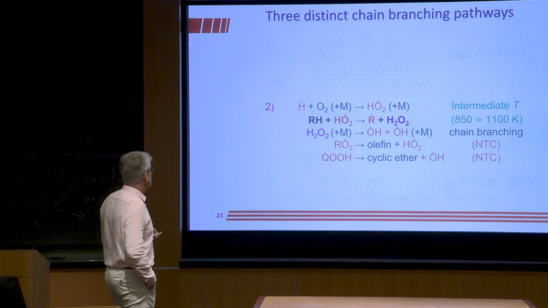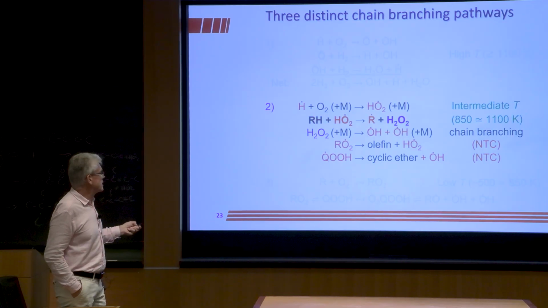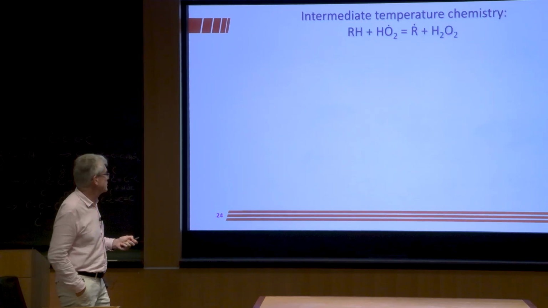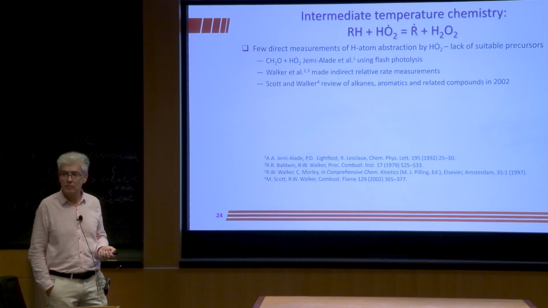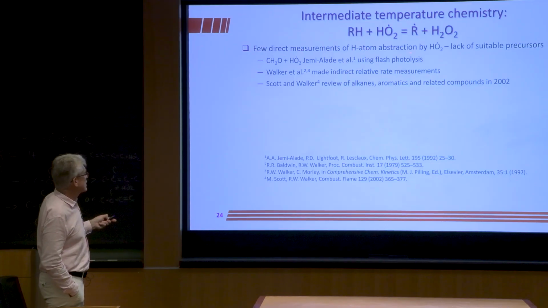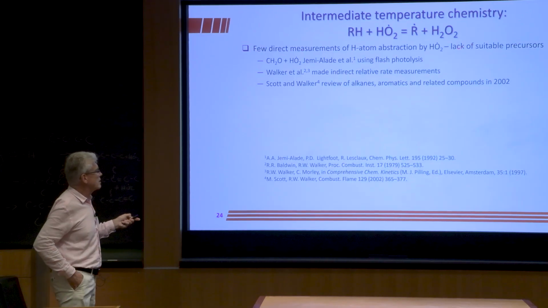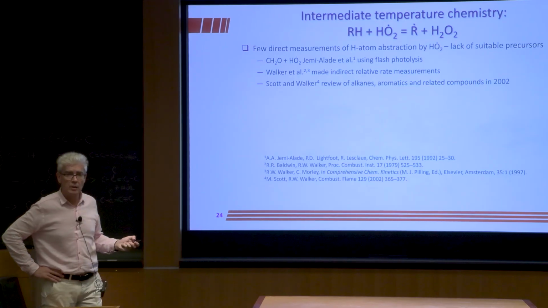Okay. So anyway, how well do we know fuel plus HO2 reactions, right? And the answer is not as well as we would like, right? There are a few direct measurements of H atom abstraction by HO2 because you just can't get a precursor for HO2, okay?